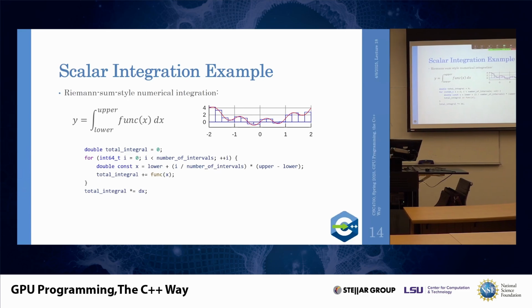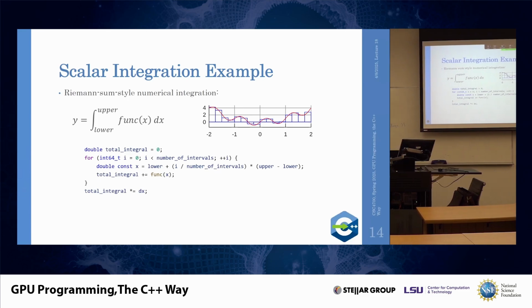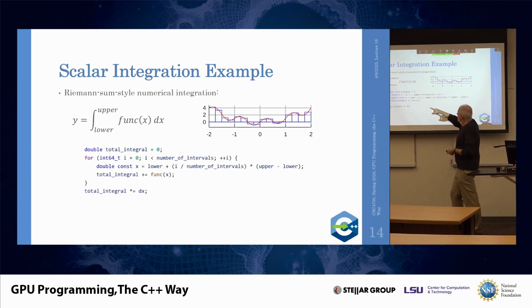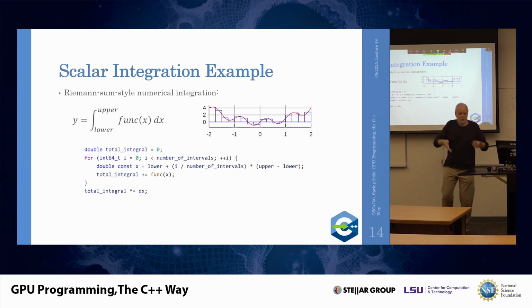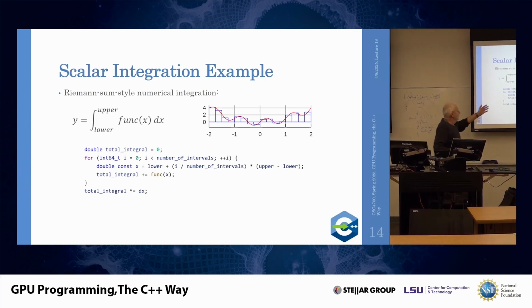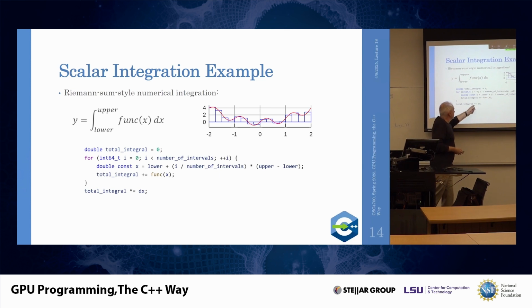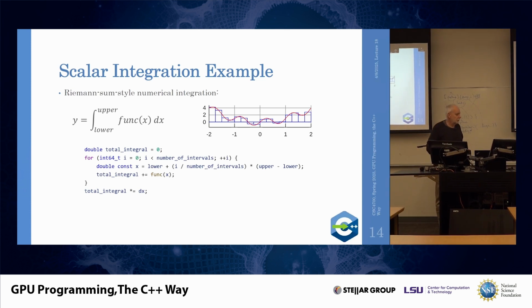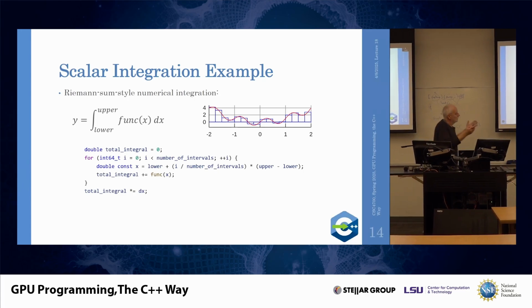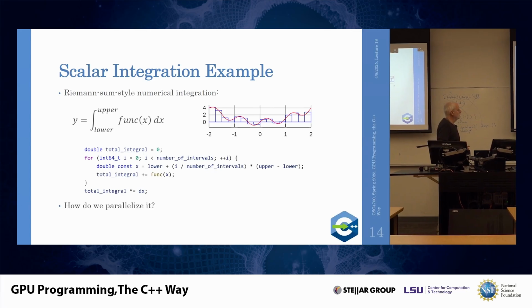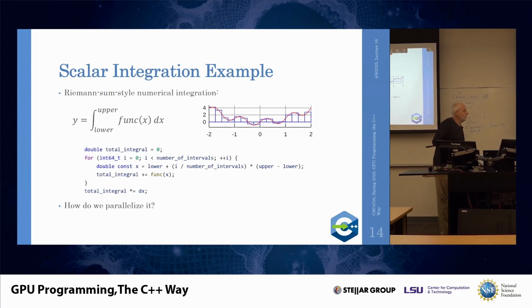This is really just the sequential way of doing it. It's a loop from 0 to the number of intervals, and then you compute the area for each of those rectangles underneath the function, sum it up, and in the end you multiply with the width of your rectangle, which gives you the overall approximated integral for that given range between lower and upper. No surprise there.